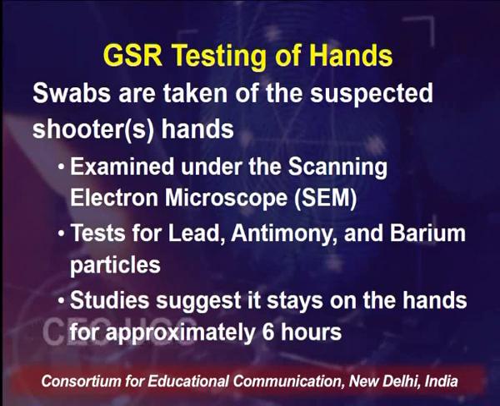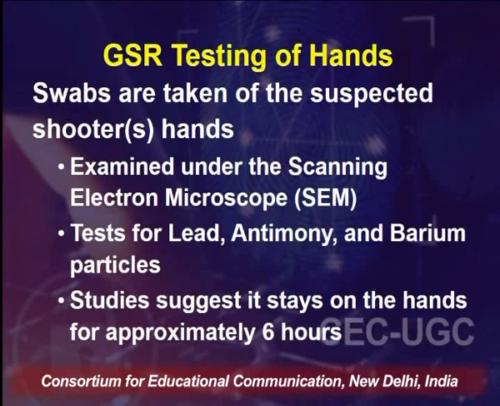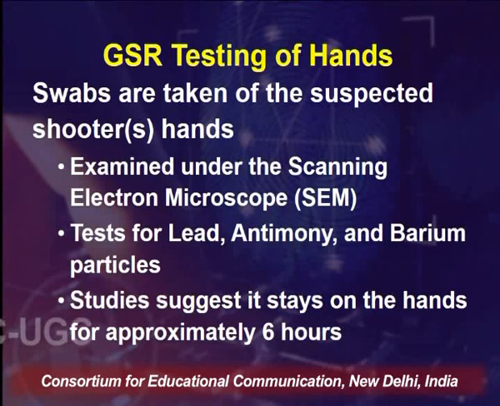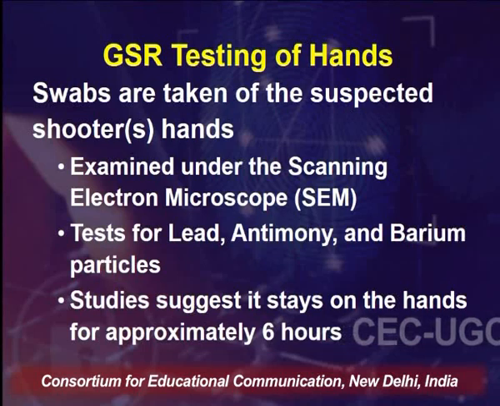There are certain components of GSR: lead, antimony, barium particles. Various studies suggest that the GSR residue resides on the hands for approximately 6 hours. So the sample from a suspect's hands should be taken within 6 hours for testing of GSR.